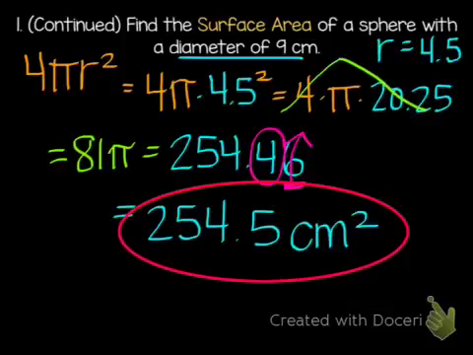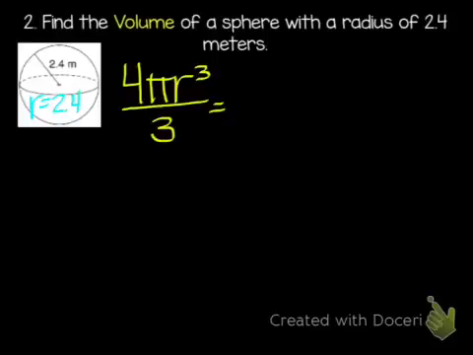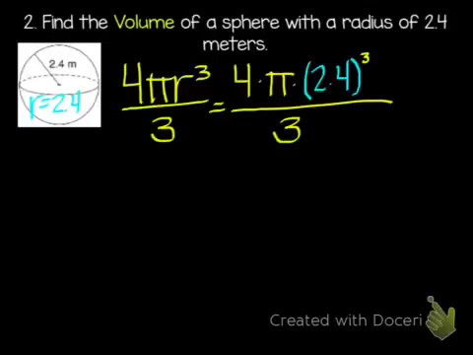Okay, number 2, we're going to do the same thing, volume and surface area of a sphere, and this radius is just 2.4. R equals 2.4. My formula is 4 times pi times radius to the third power divided by 3. I'm going to substitute my radius of 2.4, so I've got 4 times pi times 2.4 to the third power, all of that divided by 3.